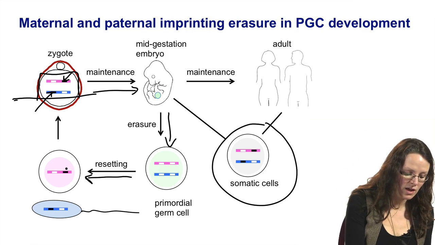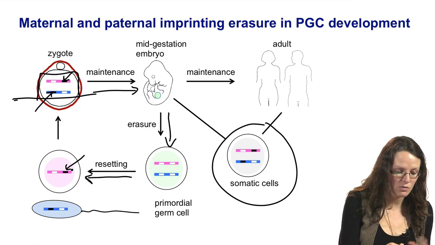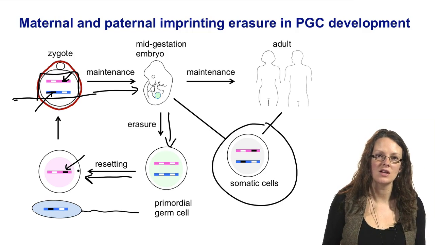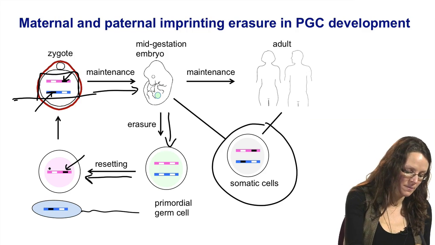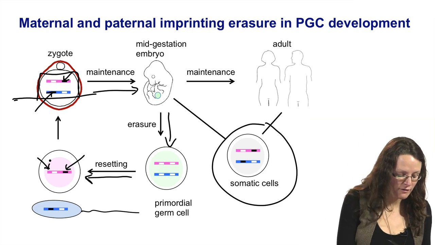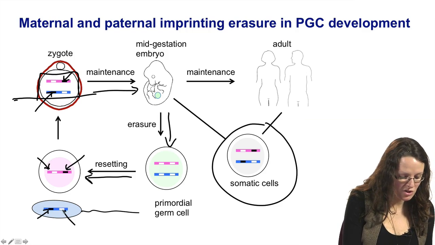In other words, all oocytes develop with their haploid genome, with one copy of the chromosomes, and they'll have methylation at the maternally imprinted locus, but no methylation at the paternally imprinted locus. The reciprocal will be true if the embryo is a male.